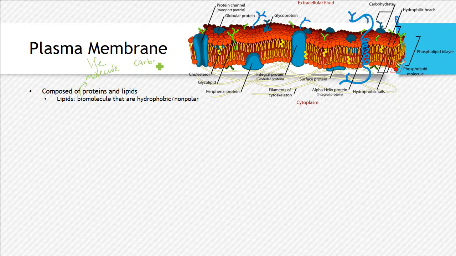One is carbohydrates, the others are proteins, which we'll talk about next, lipids, which we're talking about right now, and nucleic acids such as DNA and so on and so forth. So these biomolecules, lipids are hydrophobic, meaning that they are afraid of water.